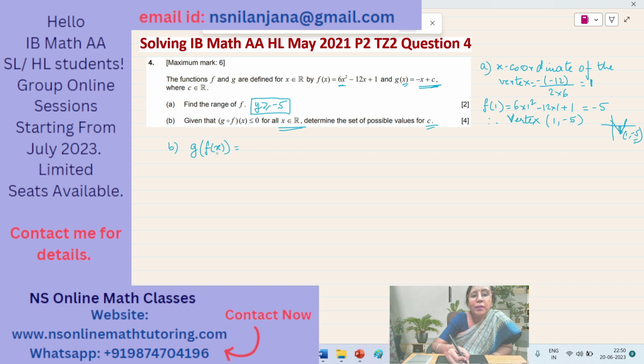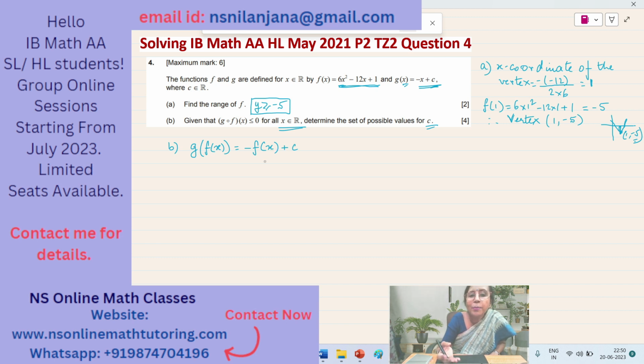Now the input to the g function is f of x, so the expression will be negative f of x plus c. Of course, the expression for f of x is this, but the f of x is getting changed to negative f of x.